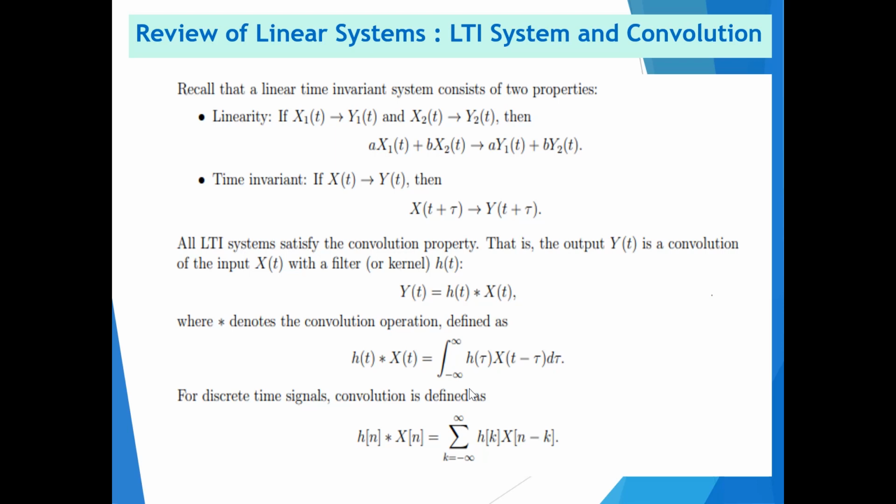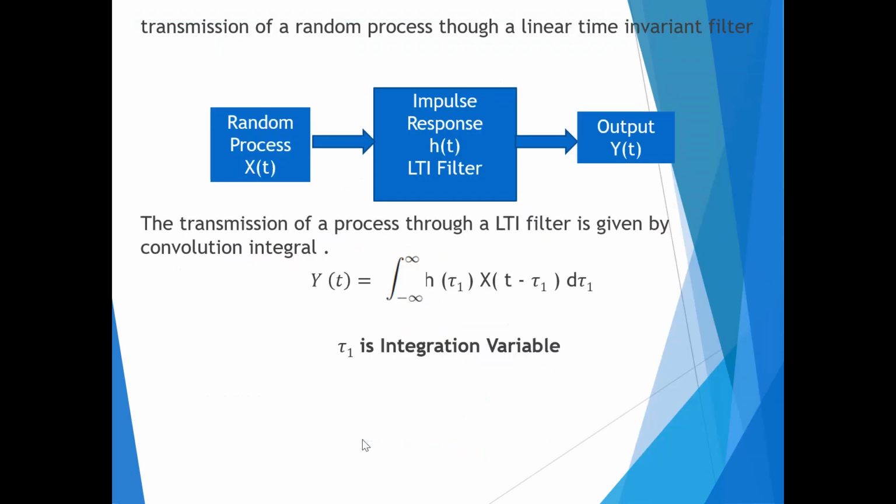For discrete time signals, convolution is defined as h(n) convolved with x(n) equal to the summation over k from minus infinity to infinity of h(k) x(n minus k). So this is the review of linear systems, that is LTI systems and convolution.